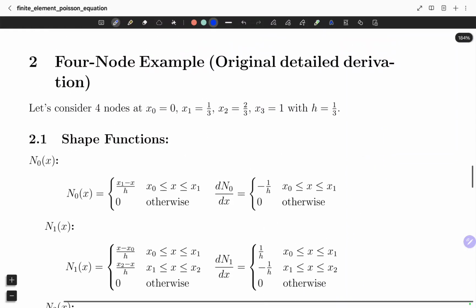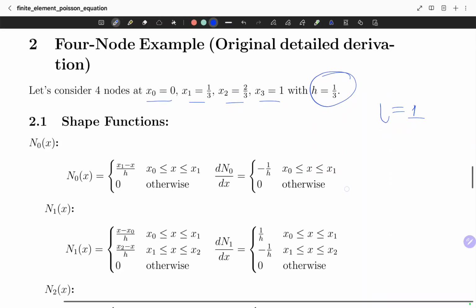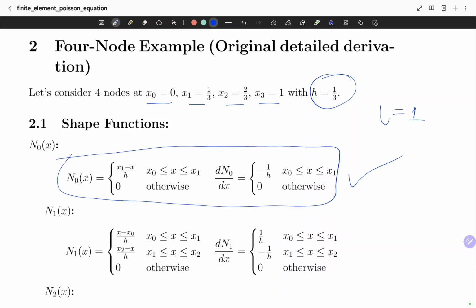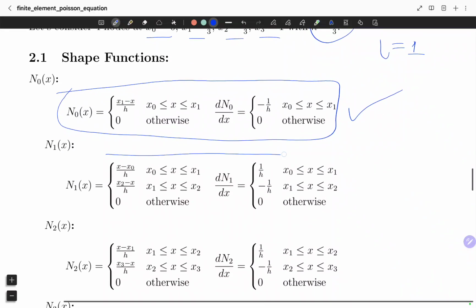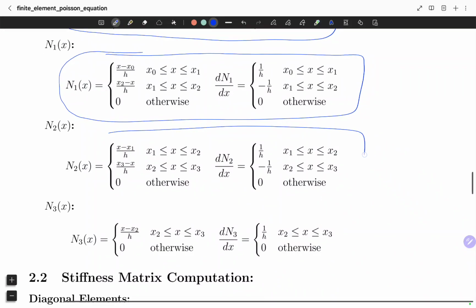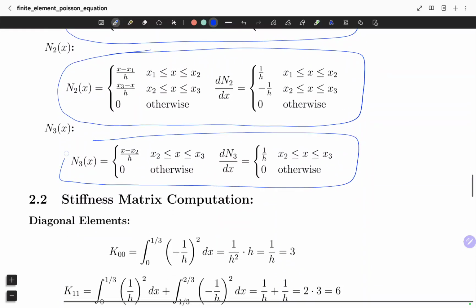So this is an example where you're looking at node 0, node 1, node 2, node 3, only 3 elements. You divide it into 3, so we have something like this. In this case the length L is 1, and now you understand why n0 is expressed this way, why n1 is like this, why n2 is like that, why n3 would look like this.